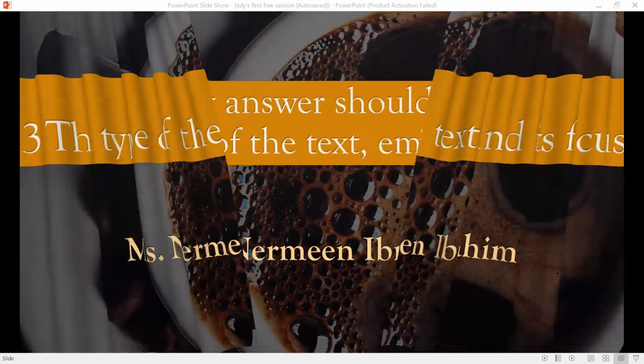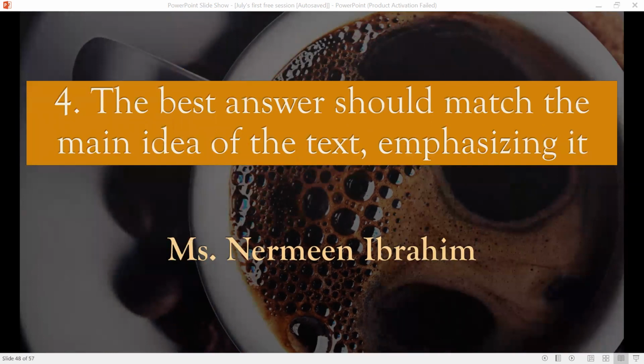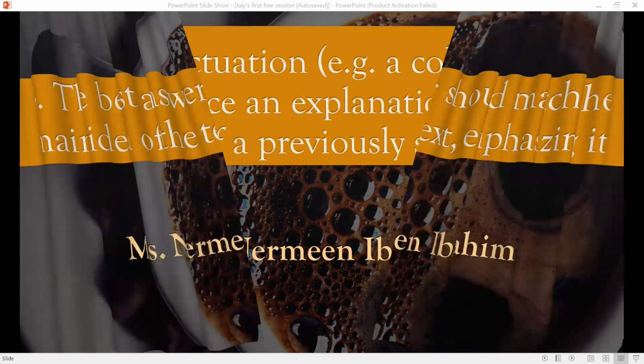Also, we have to bear in mind that the best answer should match the main idea of the text. So it's very, very important when we're reading a certain passage to know the main idea of the text, the general idea, the tone, any relationships among the sentences, and our answer will end up being related to the main idea of the text.